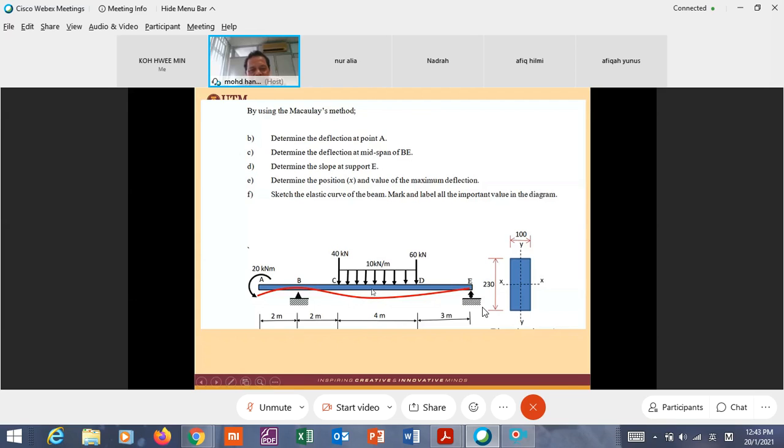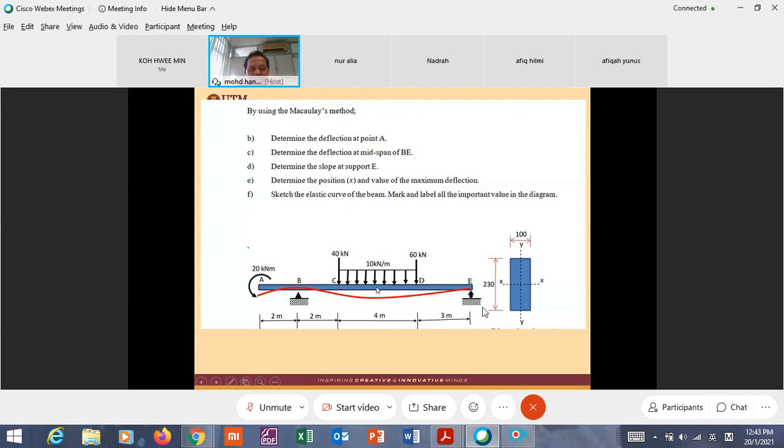So midspan of BE means 4.5 meters from B. Just substitute x equal to 4.5 meters into the Macaulay's equation, and that is the deflection at the midpoint.